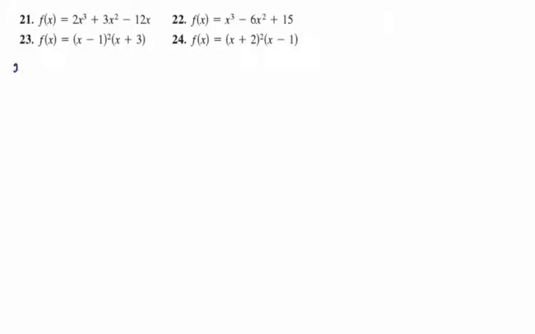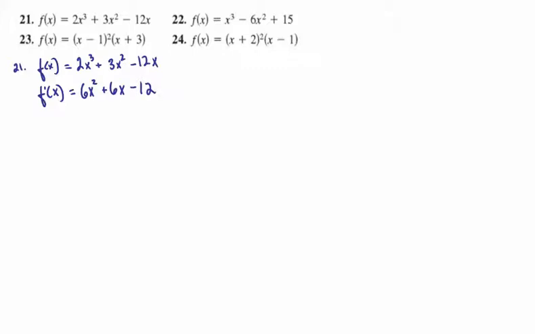Alright, 21. We start off with f of x is equal to 2x cubed plus 3x squared minus 12x. We're looking for the first derivative. The first derivative is going to be 6x squared plus 6x minus 12.